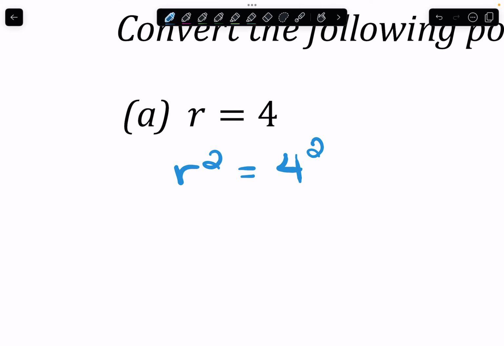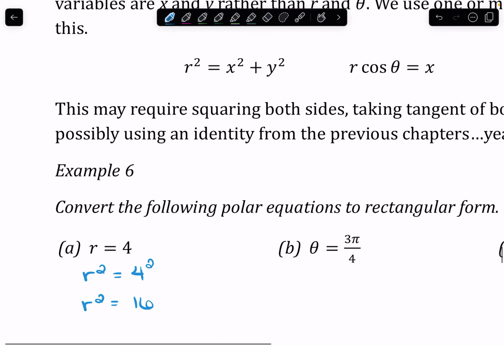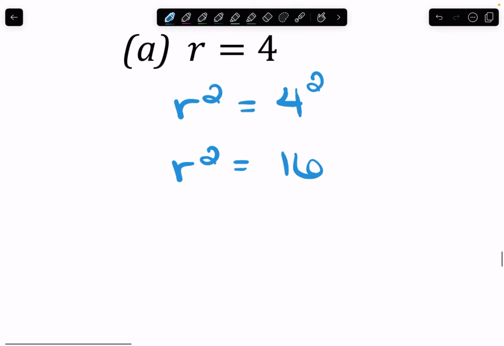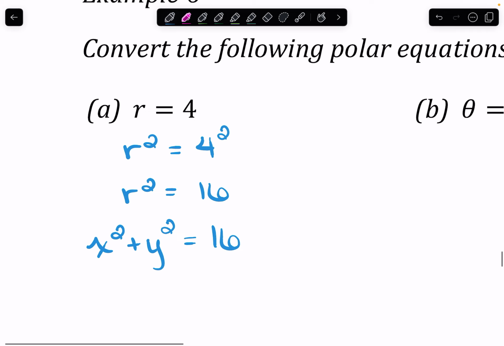That gives me the equation r squared equals 16, and then I can use that substitution above, x squared plus y squared equals r squared. So I can sub in that sum x squared plus y squared for the r squared. So I get the rectangular equation x squared plus y squared equals 16, which happens to be the equation of a circle. So that's the equivalent rectangular equation.